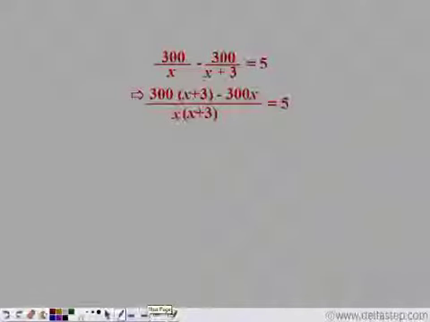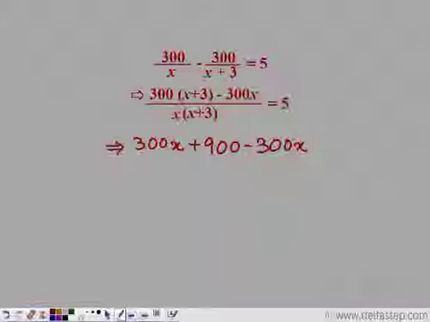Now 300 into x is 300x. 300 into 3 is 900. And minus 300x. And the denominator, we take it to the right hand side and multiply it with 5. So this becomes 5 into x plus 3.